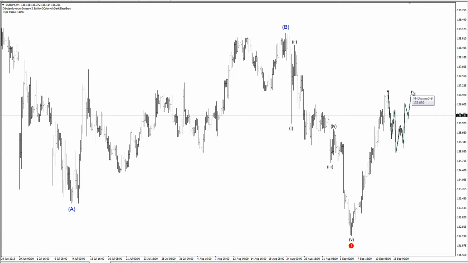Well, this is slightly shorter than the previous 5-wave structure, but let's see how this develops.